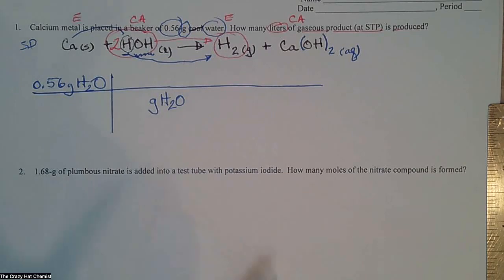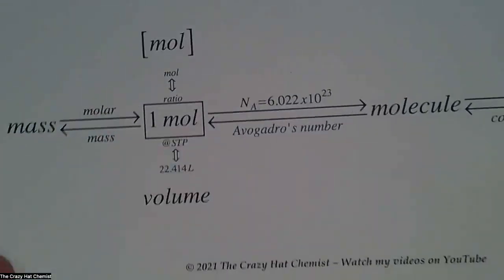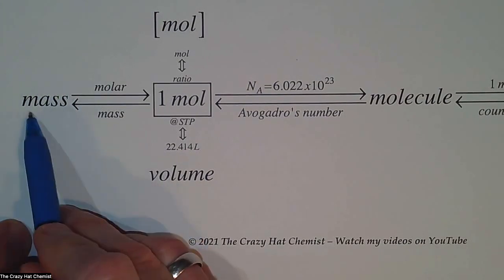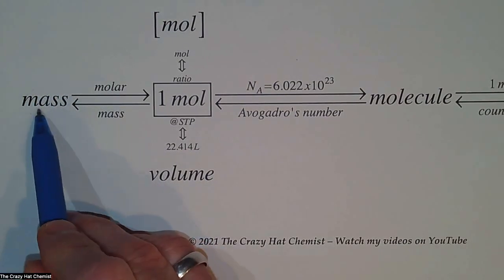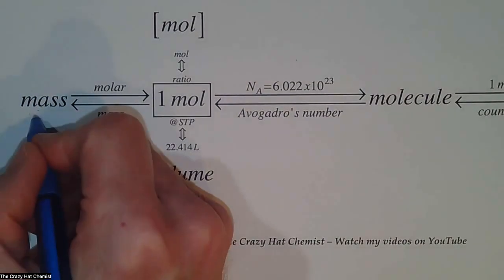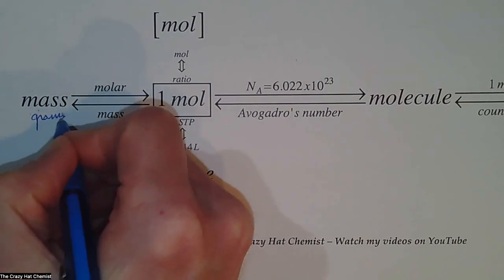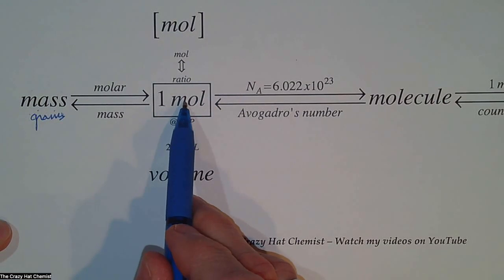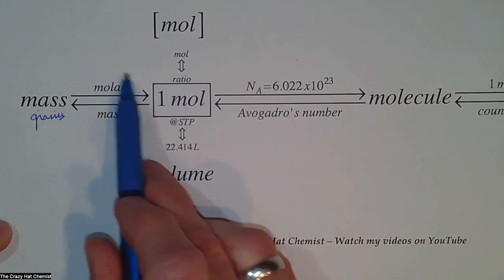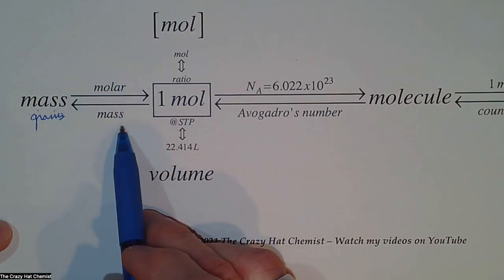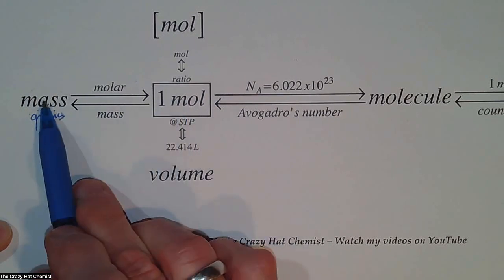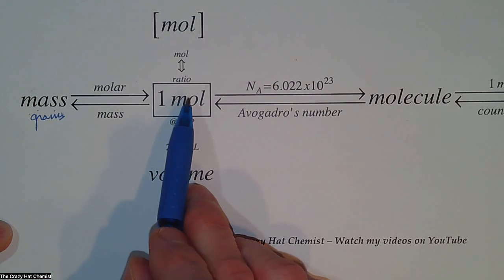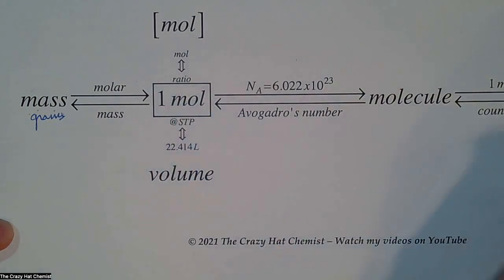And then if I look at my flow chart, I am starting off with a mass, and there's only one thing I can go to from mass, which is grams, and that is moles. And that is using the molar mass. So going from mass to moles tells me what units are in the numerator. So what units are in the numerator is moles.